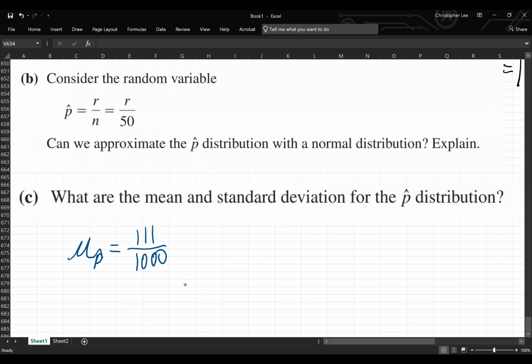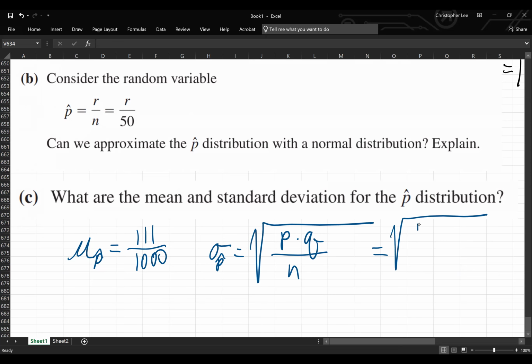Your standard deviation for the P hat is the square root of P times Q over N. Just plug it in. It's the square root of 111 over 1000 times 889 over 1000, all divided by the N, which is 50, and we done. The rest of that is calculator.